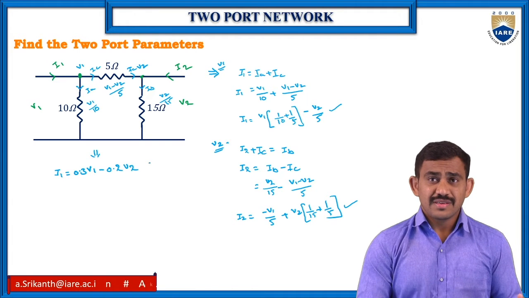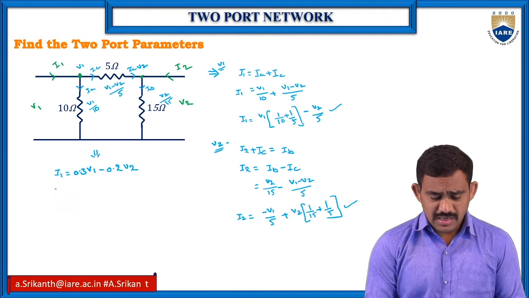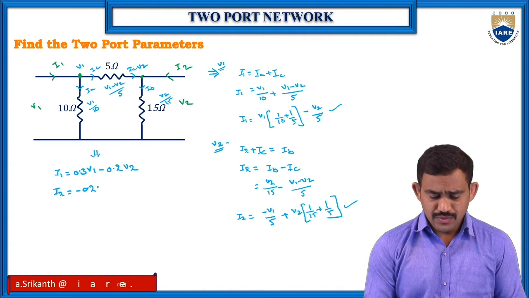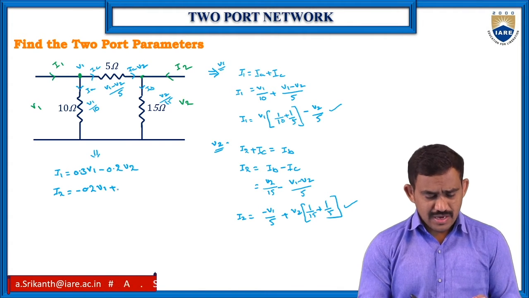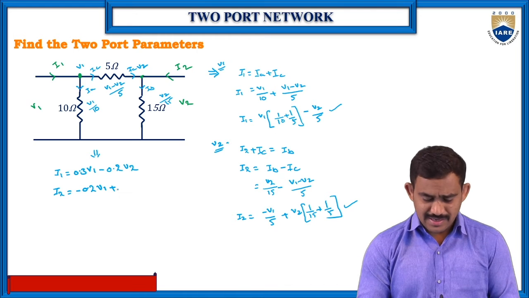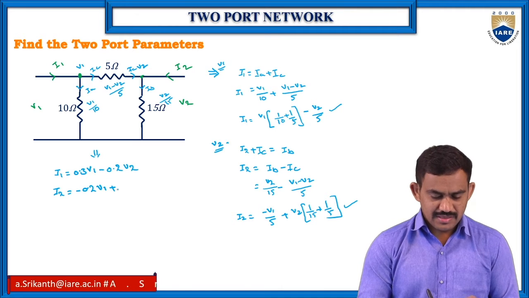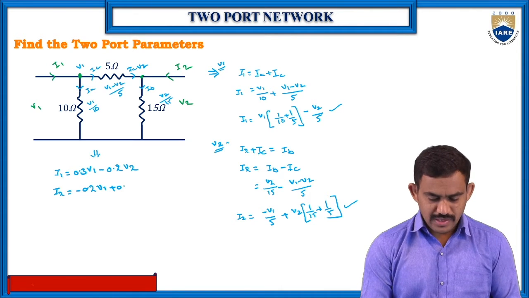So we have I1 in form of V1, V2. Same thing, I2 equal to minus 0.2 V1 plus 1 divided by 15 plus 1 divided by 5, the value is 0.267 V2.